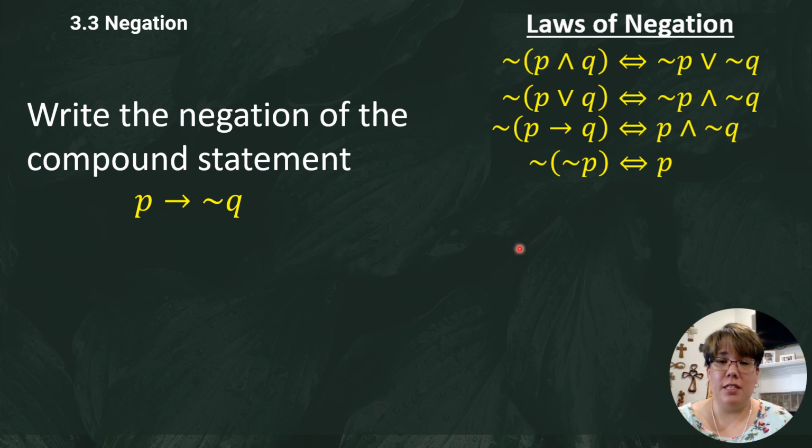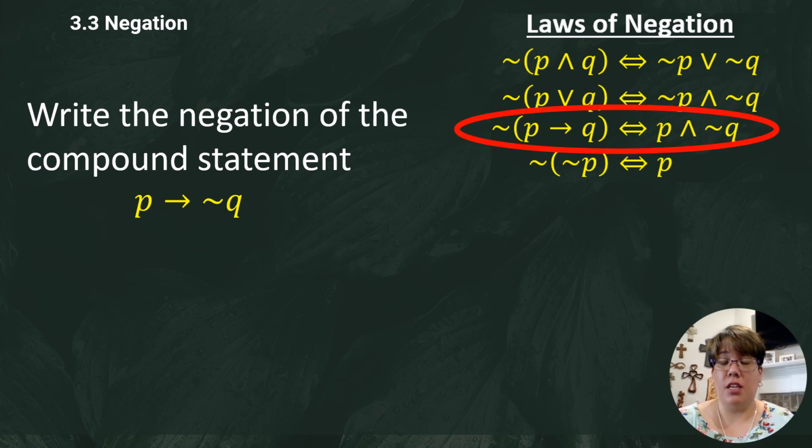I've given you all of the laws over here on the side to use as a reference. You have to know which one of these laws you need to use. Since this is the conditional one, you're going to use the conditional law, which says that it would turn into P and not Q.